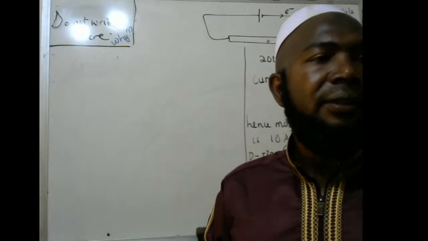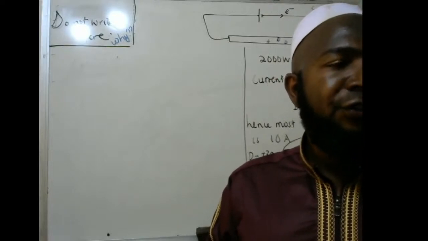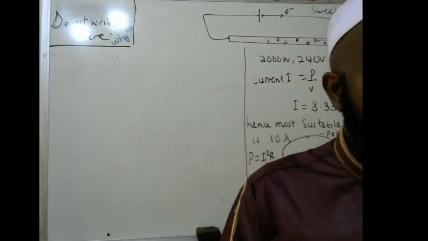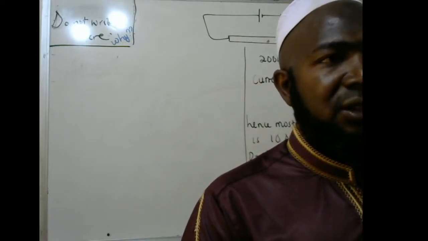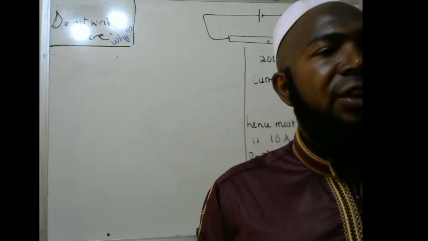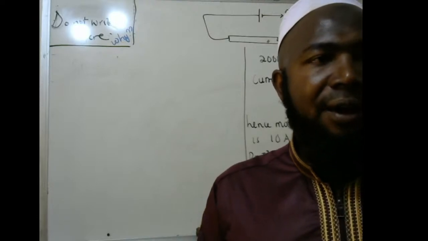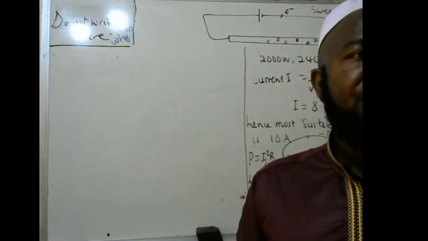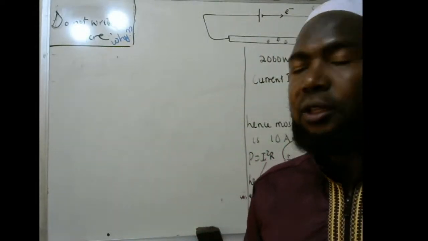Then part B, we are required to find the rating, the most suitable fuse. We are given 3 fuses: 3 ampere fuse, 5 ampere fuse, and 10 ampere fuse. And the question is, which fuse is most suitable to be used?